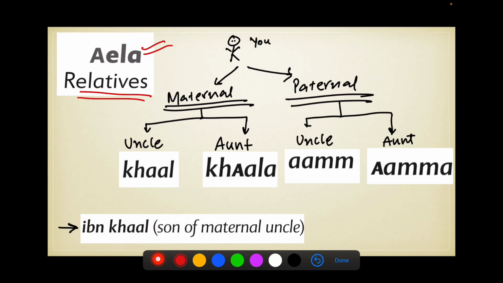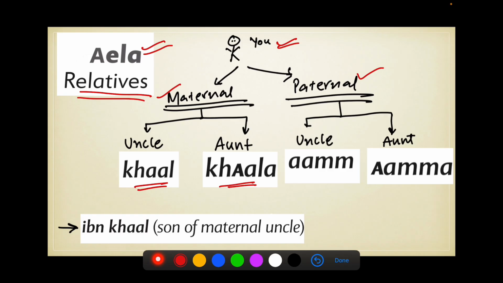Ayla. Now, for example, if this is you, you will have a maternal side of the family and a paternal side of the family. Now, your maternal uncle is called Khal, and your maternal aunt is called Khala. Khal and Khala.